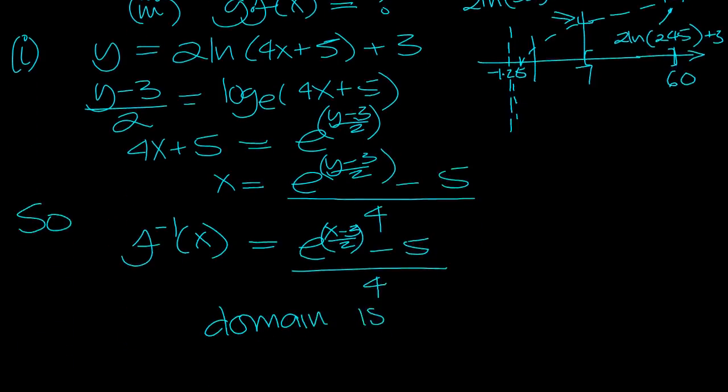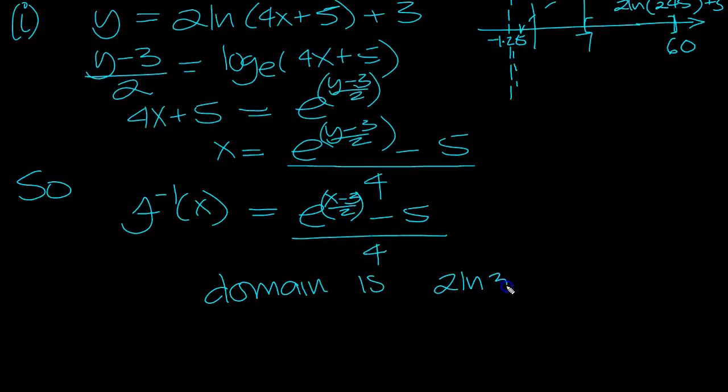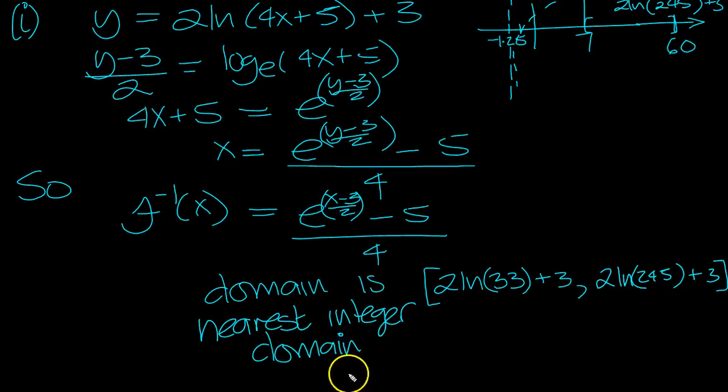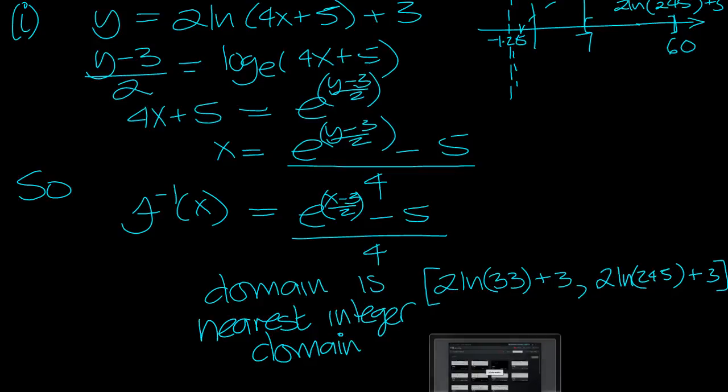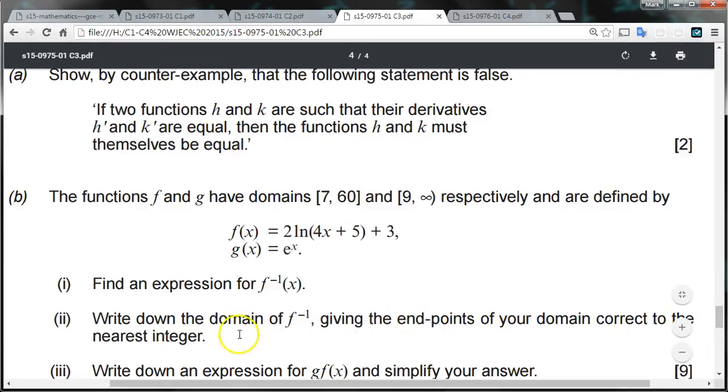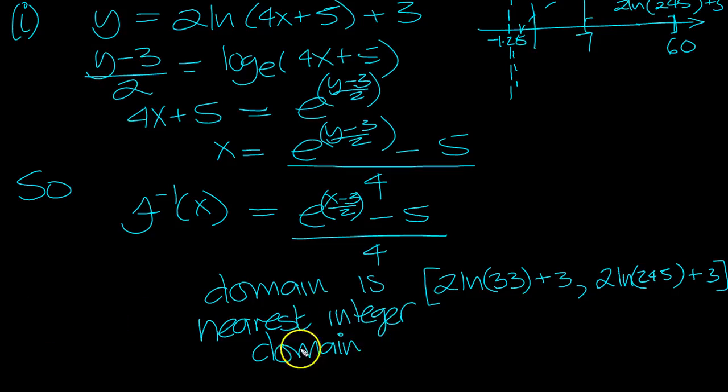So 2 ln 33 plus 3 and 2 ln 245 plus 3. When they say the nearest integer, the question is giving the endpoints of your domain correct to the nearest integer.